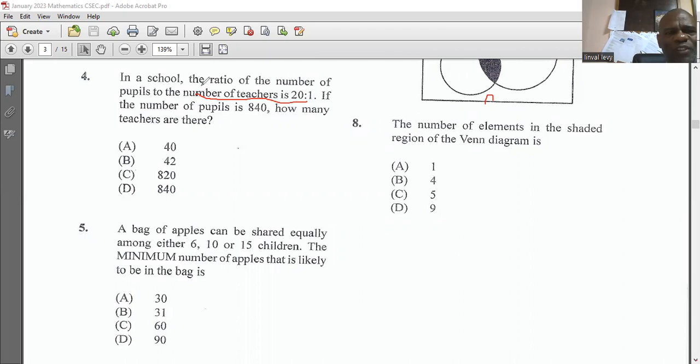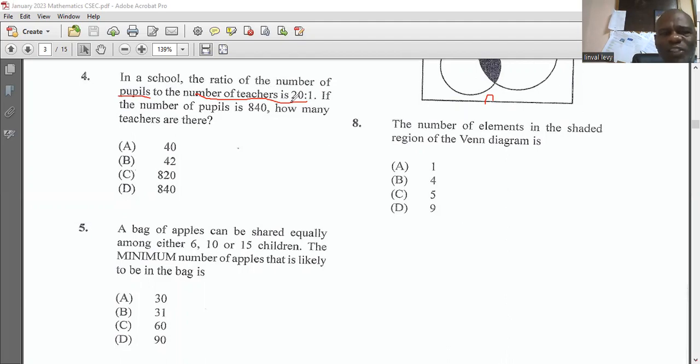Okay, so in a school, the ratio of the number of pupils to the number of teachers is 20 to 1. Right? So the ratio of the number of pupils, pupils first, to the number of teachers is 20 to 1. It doesn't mean you have 20 teachers to 1 student.